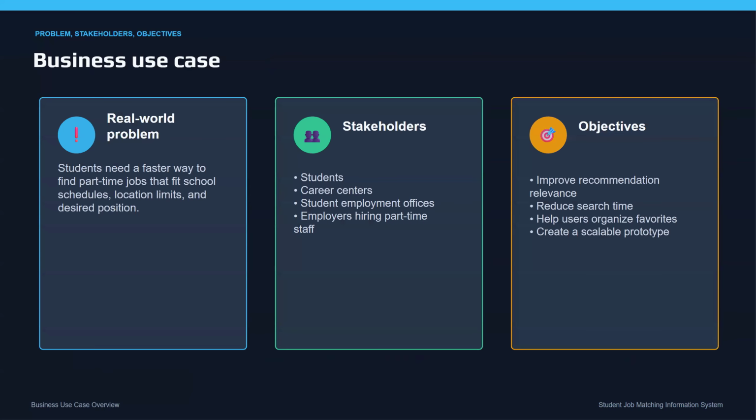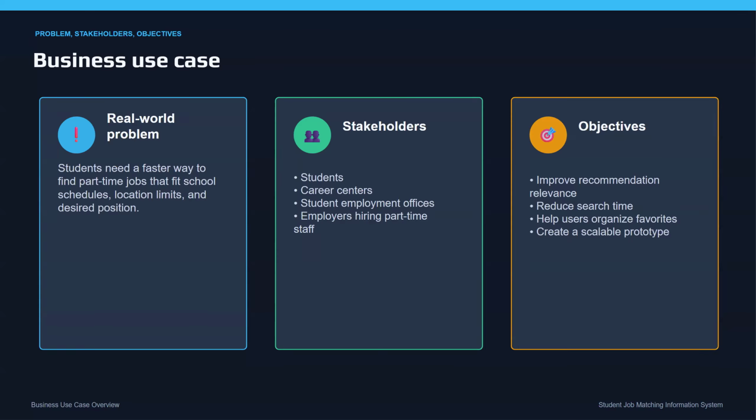And our business use case, the first one being real world problems. Students need a faster way to find part-time jobs that fit their school schedules, location limits, and desired position. The second business use case would be stakeholders, which are students, career centers, student employment offices, and employers hiring part-time staff.